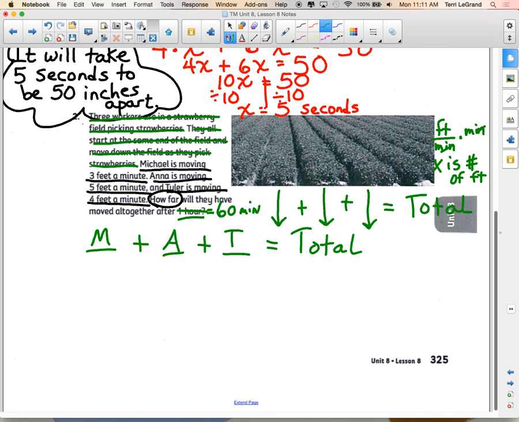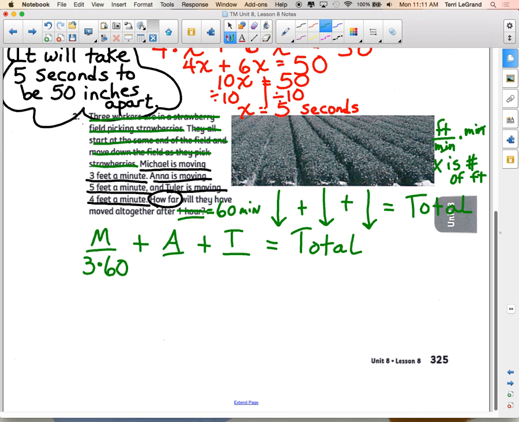Okay, so what are we going to do for Michael? His rate times the time. He's moving 3 feet a minute, so times the time. Times 60. After 60 minutes. We already know how long.